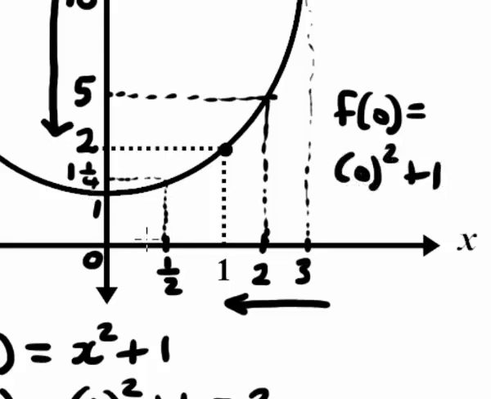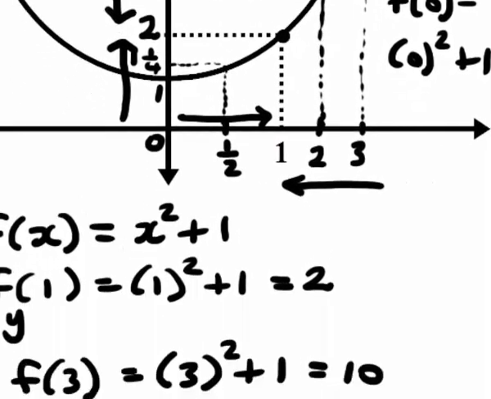Now look at this. If the x's come from the left, they start small and they increase. And as we move from left to right, as the x's increase, the y values are going from 1 up to 1 1/4, and they approach 2. Now this is a very complicated concept in the world of maths, but I'm going to show you some very simple notation.